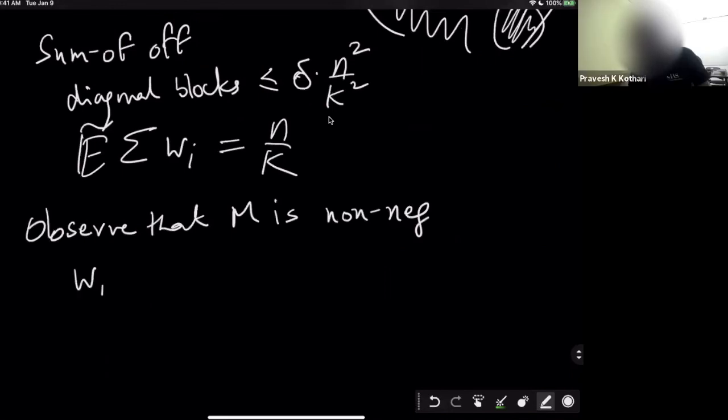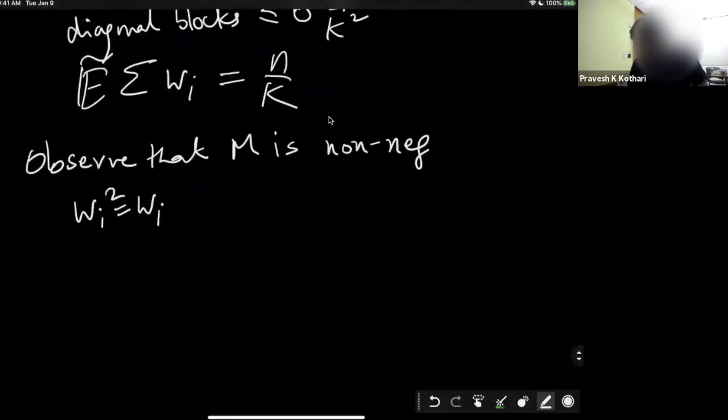We have Wi squared equals Wi as a constraint, and the pseudo distribution satisfies this constraint. That means that for the pseudo distribution, E twiddle of Wi squared should equal E twiddle of Wi. Now squares must get a non-negative expectation, so E twiddle of Wi is bigger than or equal to 0.